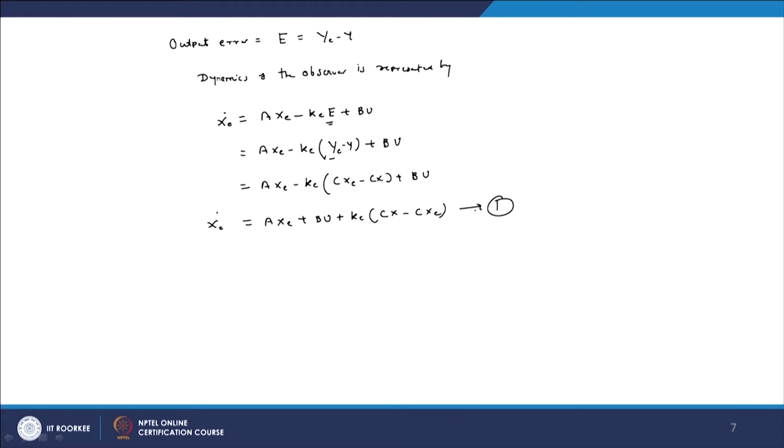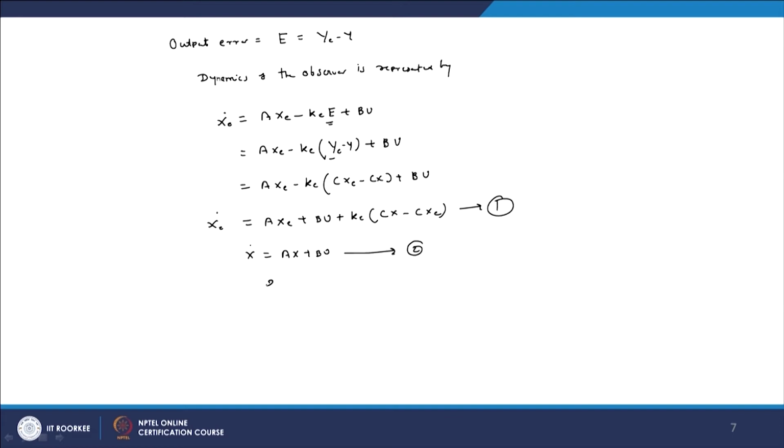So we have got xc dot. Now the original state space equation is x dot equal to A x plus B u. Let us say this is equation number 2.